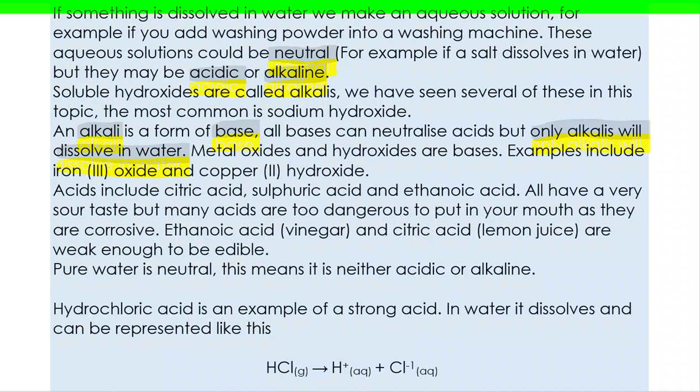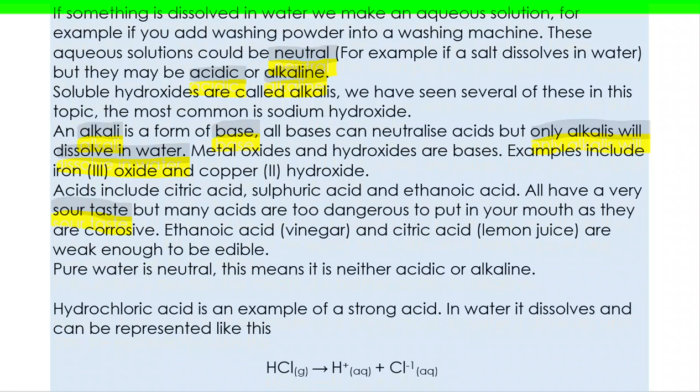Now, in earlier videos, we looked at metal oxides reacting with acids to make a salt and water. Metal oxides are bases. We also looked at metal hydroxides reacting with acids to make a salt and water. Metal hydroxides are soluble in water, and therefore they are alkalis.